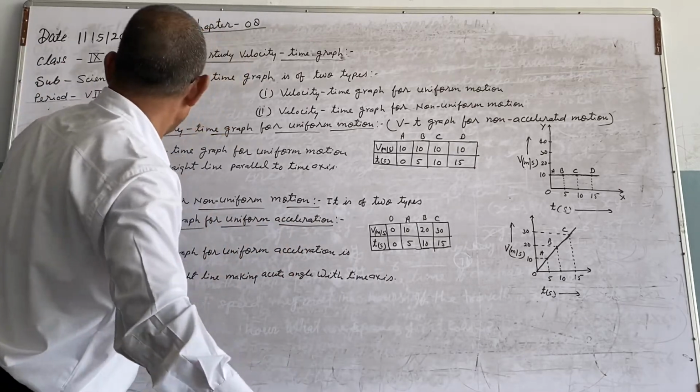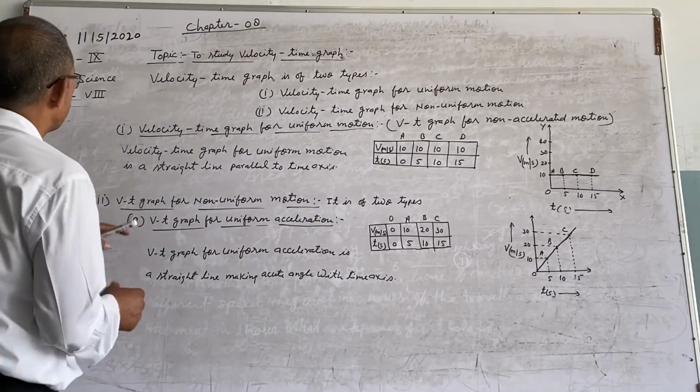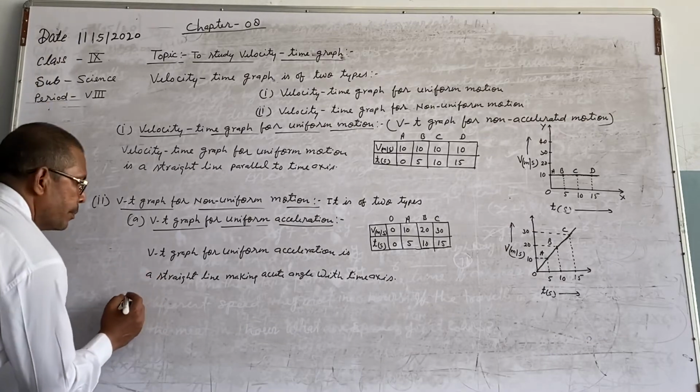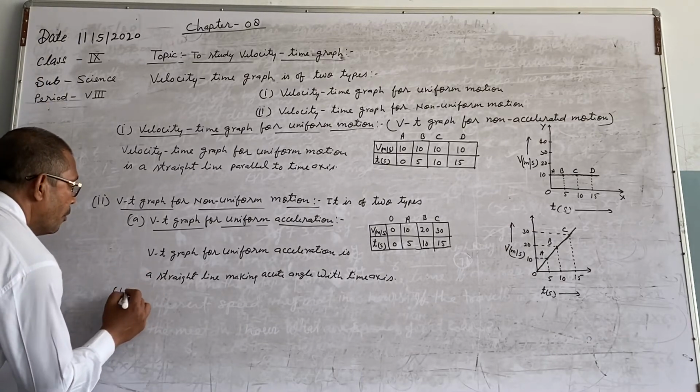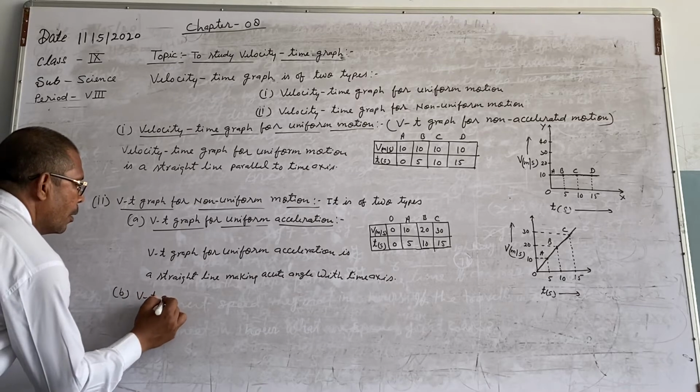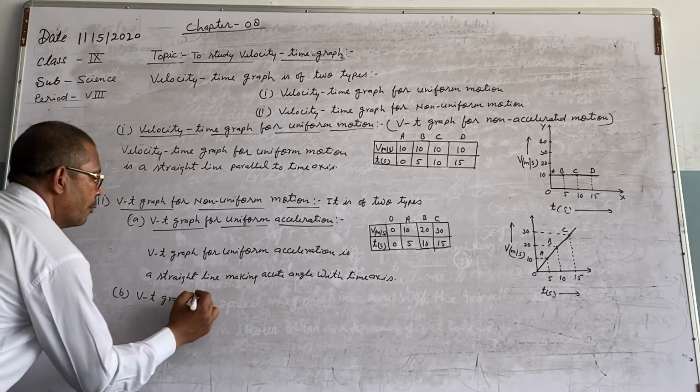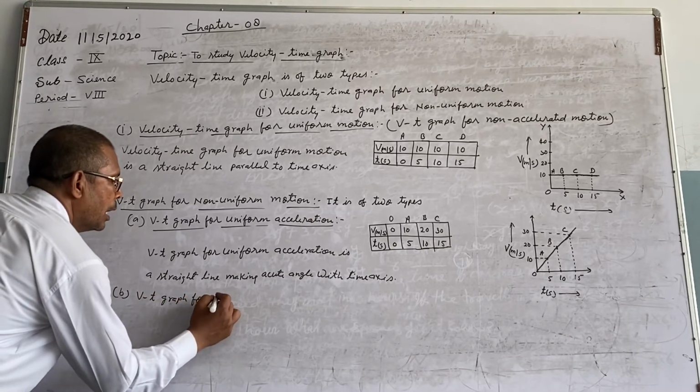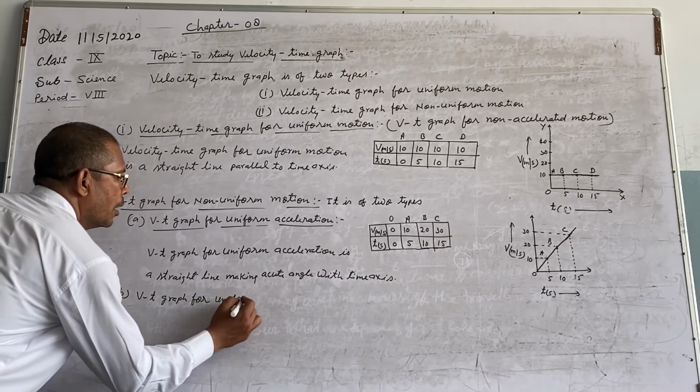And third case, that is in case second, point B here, that is velocity time graph for non-uniform acceleration.